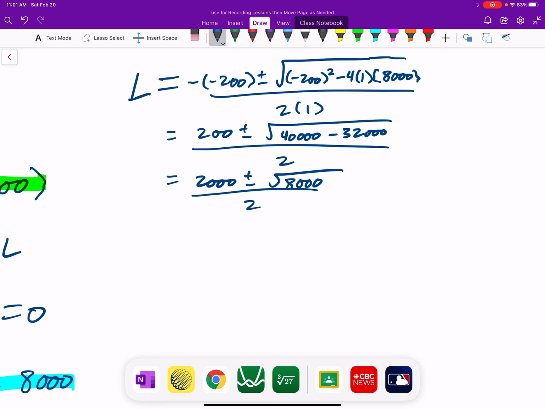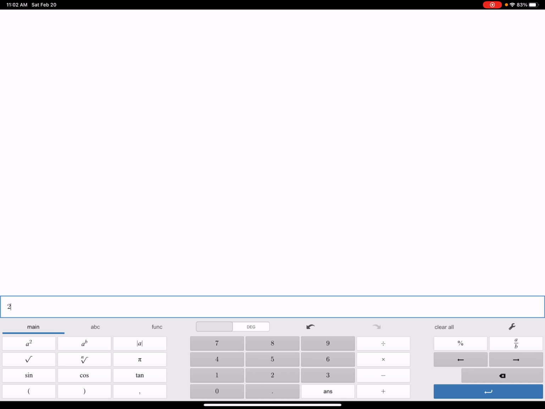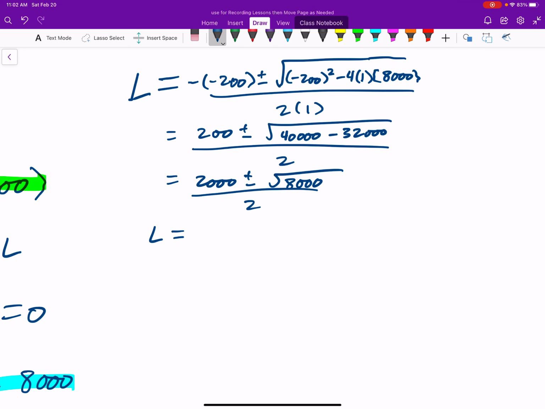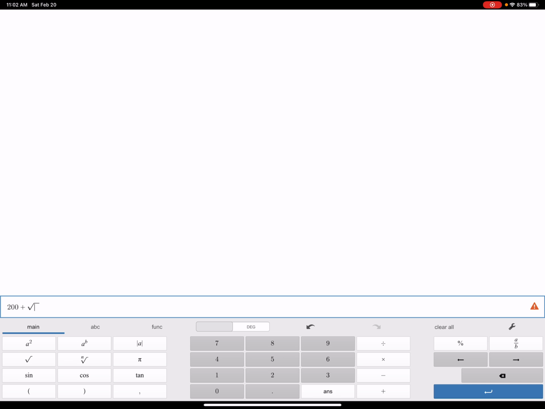So let's get our two different answers again, right? So for one of them, when I do a plus, 200, it was 200, right? Oh, I added an extra 0 there. I thought it was 200. 200 plus the square root of 8,000.